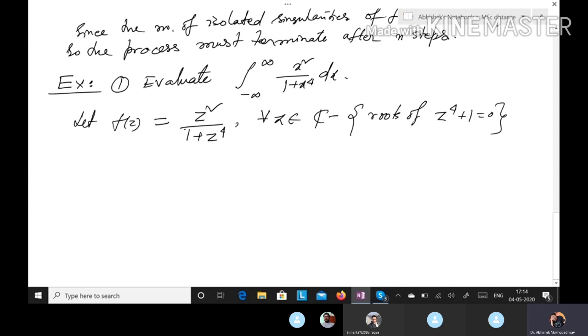So that means these roots are the isolated singularities of this function.